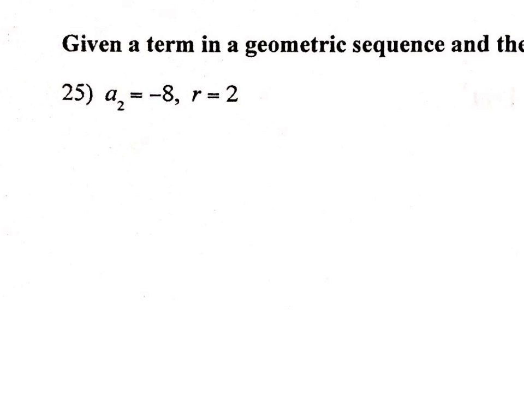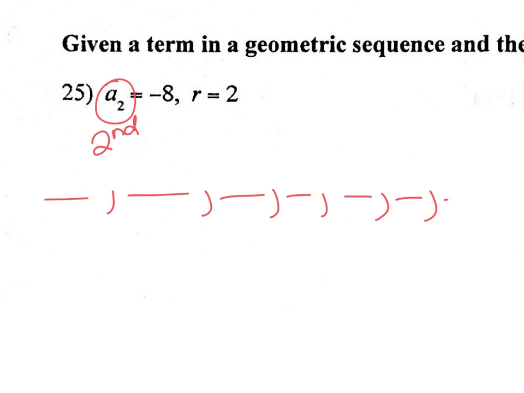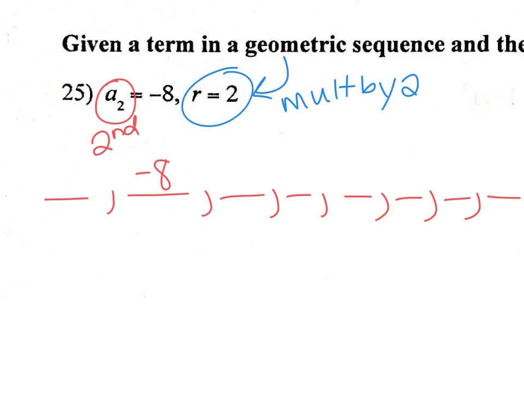All right, almost there. This one says this means the second term. So if I write out my numbers for 5, 6, 7, 8, my second term is negative 8. And since it's geometric, this means I'm multiplying by 2.